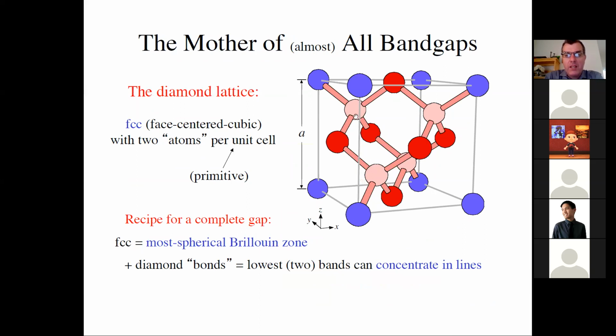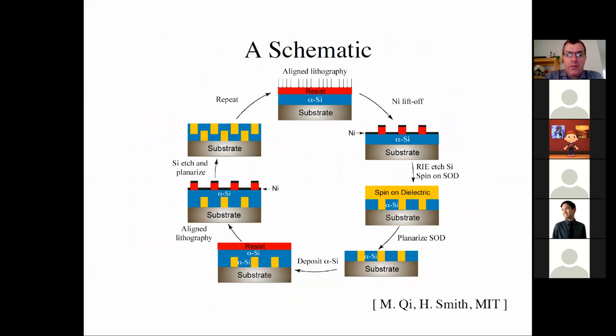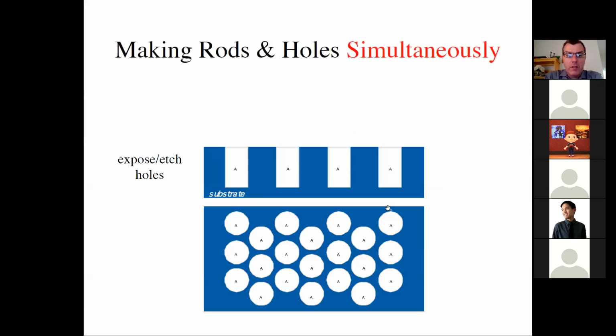The problem is that assembling spheres into a diamond structure is actually hard. People do layer by layer lithography. Basically, what they do is a cyclical process. You deposit some photoresist, you etch the photoresist, then you repeat.